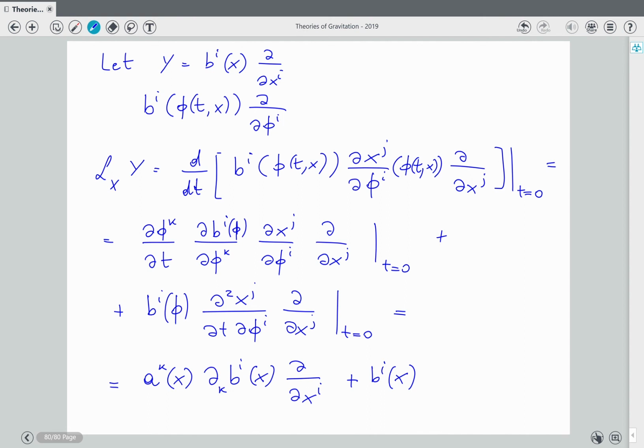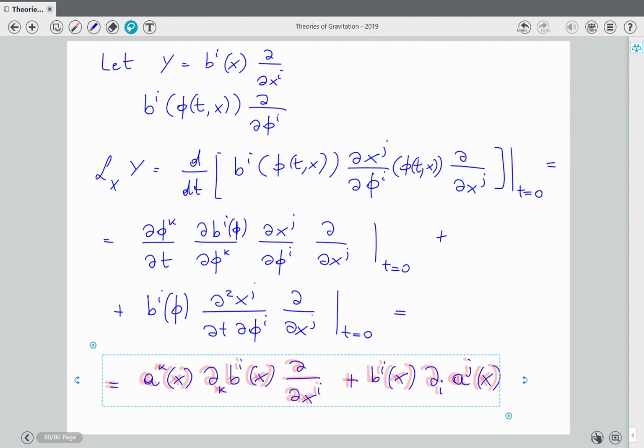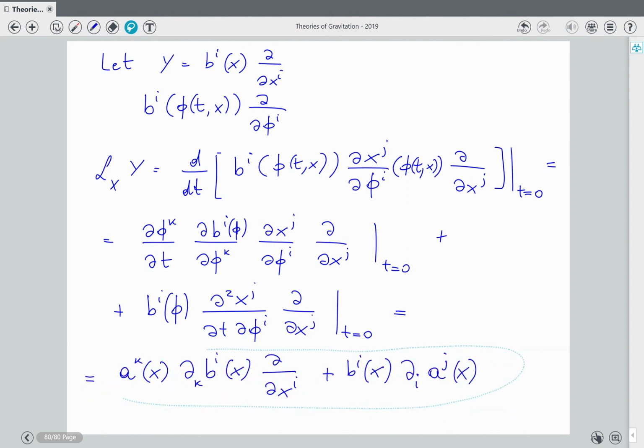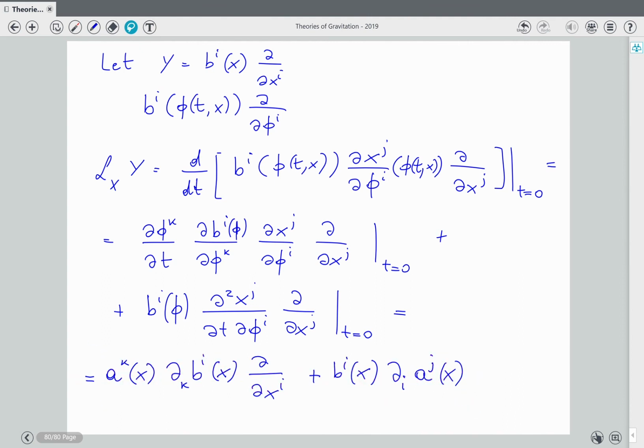But I can anticipate what you get, and that is partial_i a_j of x. So first we write it down and then we prove it. And actually with a minus, because indeed we have to obtain the commutator.